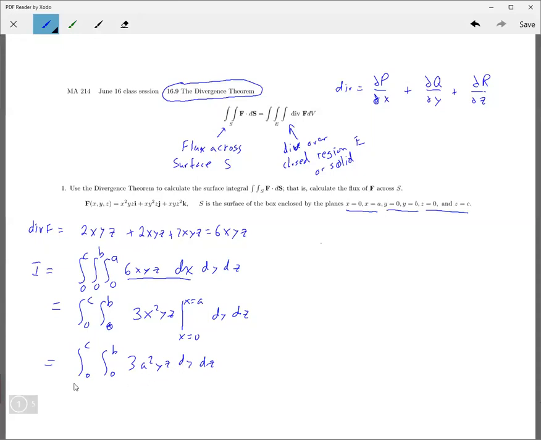And then integrate with respect to y, and you're going to get 3a squared y squared z over 2, and then it goes from y equals 0 to y equals b.